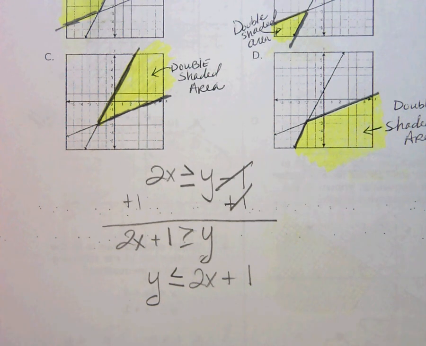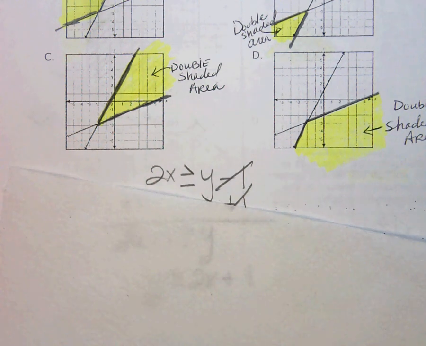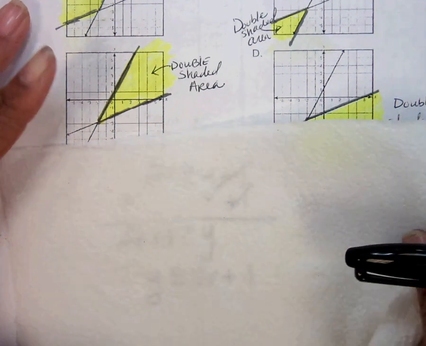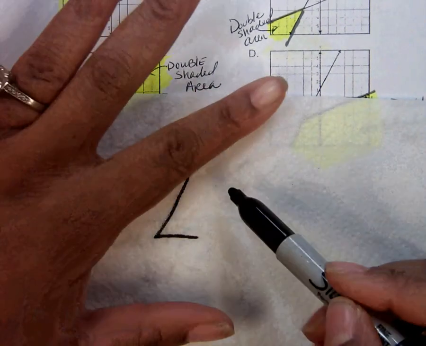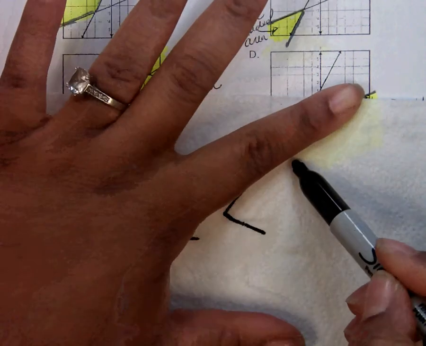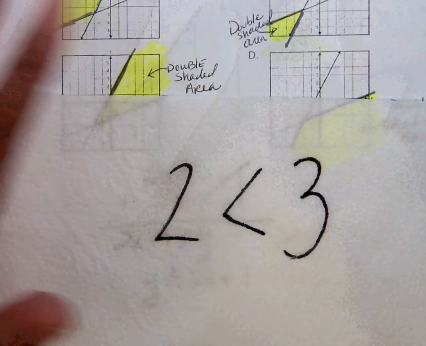Here is a very unique example. I'm going to take some tissue. Okay? You ready? And I am going to take one of my permanent markers. Got it. I'm going to write down 2 is less than 3.